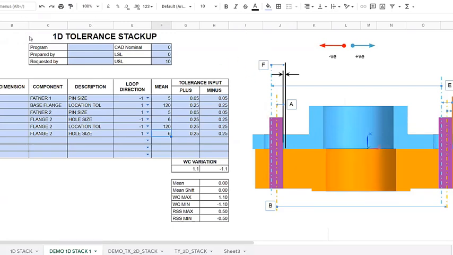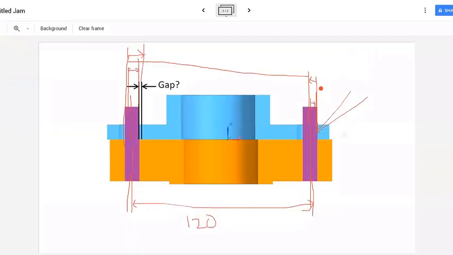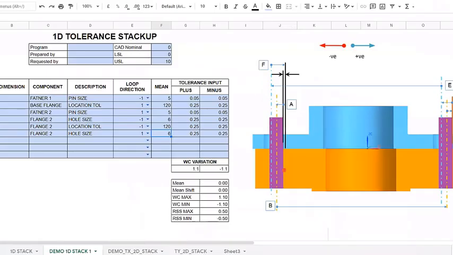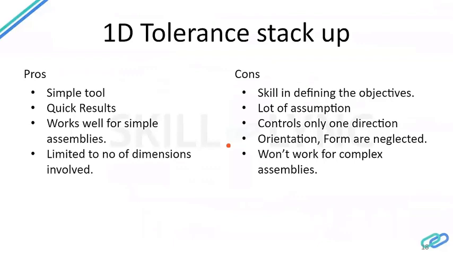So what happens when the fastener moves something like this? The fastener can tilt within its tolerance range, and this hole can also tilt in its range. These are some of the factors we eliminated in this analysis. As I said, it won't work for complex assemblies. So these are the pros and cons of the 1D stack-up.